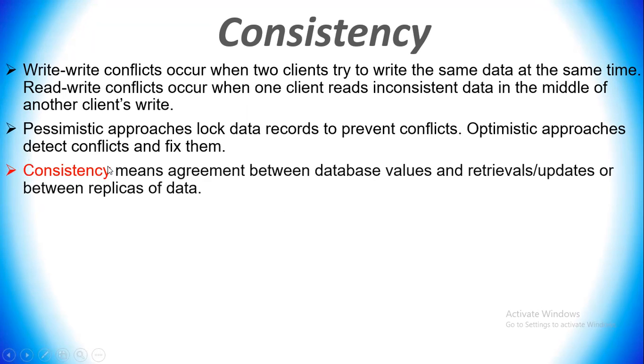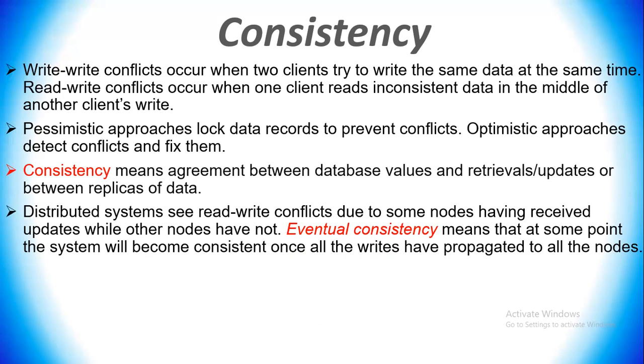Consistency is not applicable only to a subset of data in the server, but consistency should be there between replicas of data. That means if one replica is updated, then the other replicas of the same data should also be updated. Otherwise, the reads done from the nodes which have not been updated will be inconsistent. That is the idea, right?